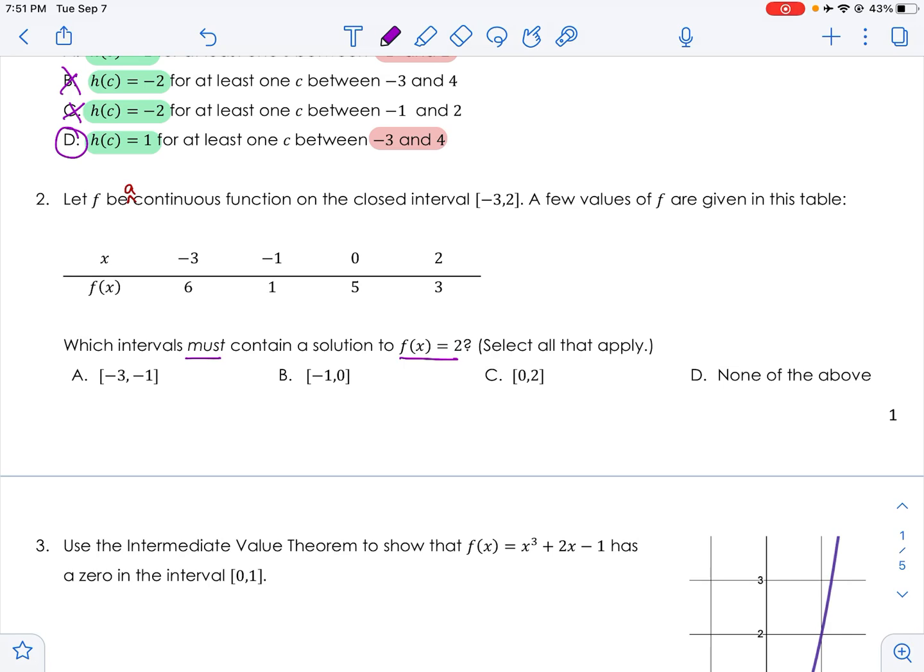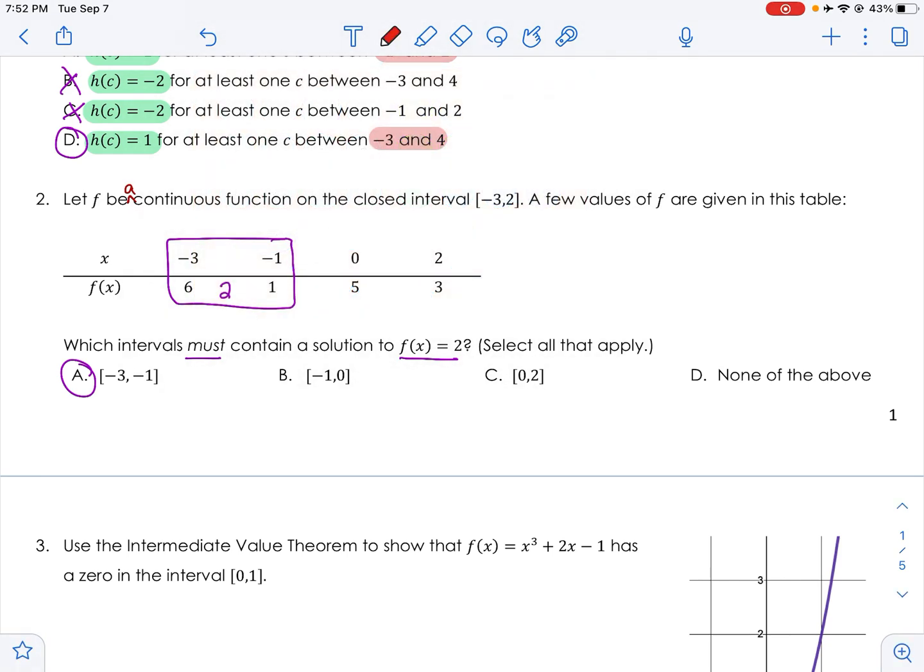The first interval of x values is from -3 to -1, these numbers right here. If I look at the y values, would 2 fit in between 6 and 1? Yes, it would. So that would be one of our answers.